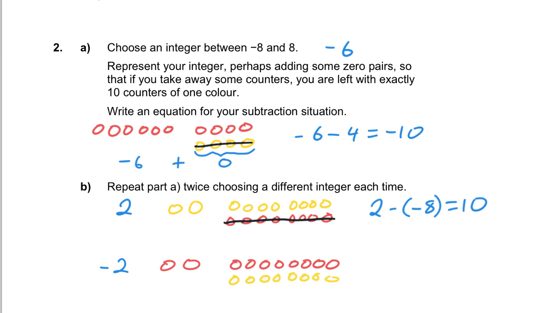I still have negative 2 here because it's negative 2 plus 0. Now I can take away all of these and be left with 10 negatives. So here we have this equation, negative 2 subtract 8 equals negative 10.